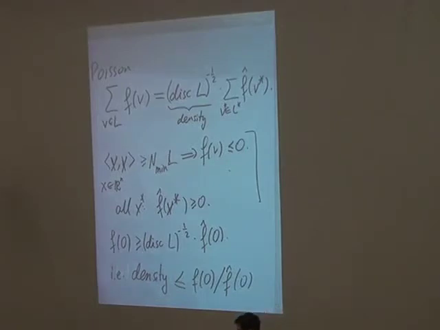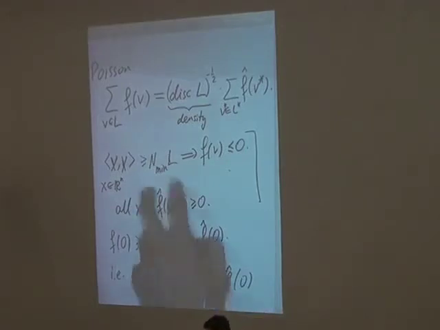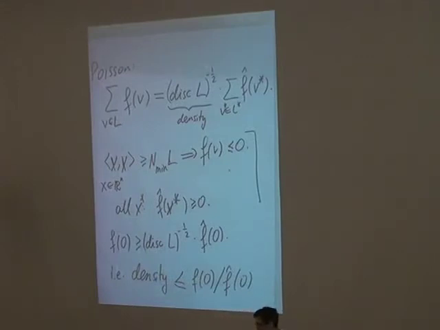So for any such function, all lattices with the same minimal norm have to have density at most this much.